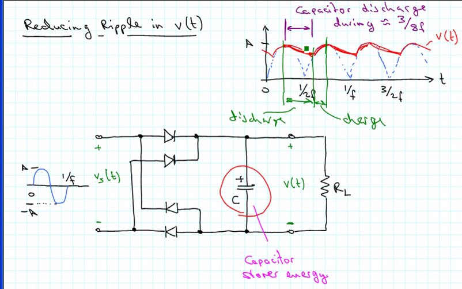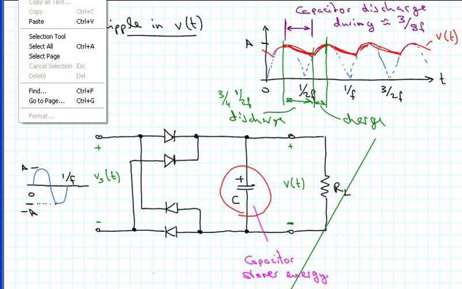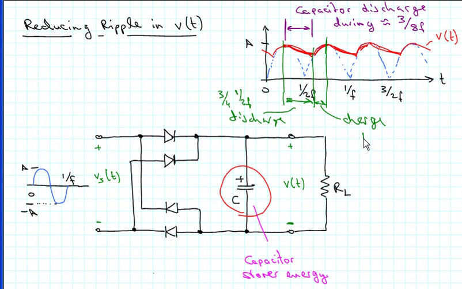And compared to the period, which goes from here to here, we can see that we have about 3/4 of the period, and the period here is 1/2f, so it's 3/4 times 1/2f of the time for the discharge, and we have 1/4 times 1/2f for the charge time.